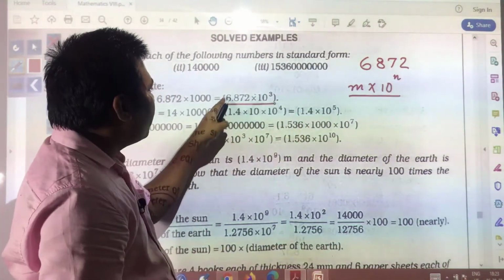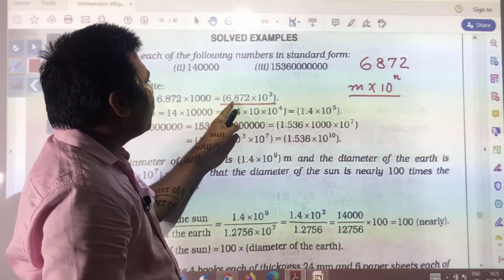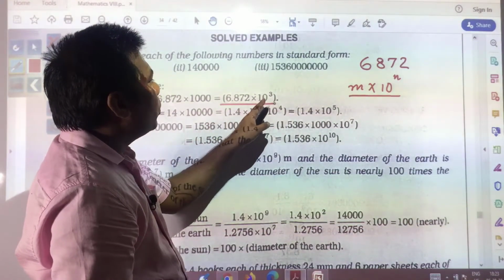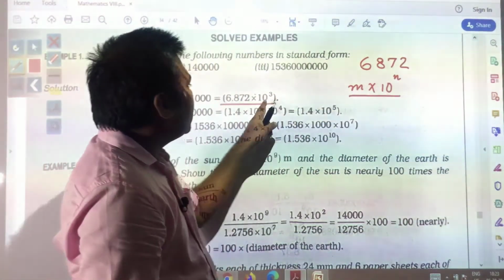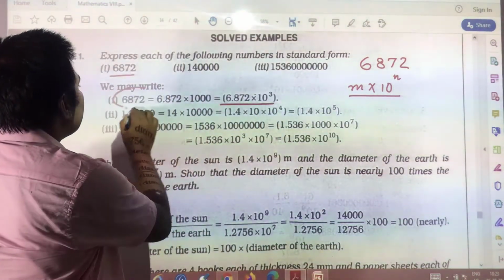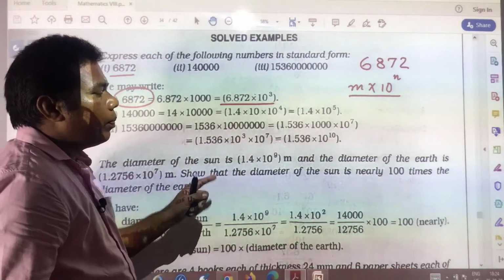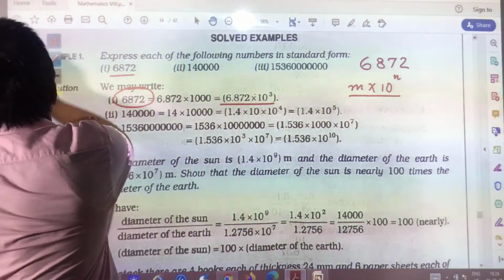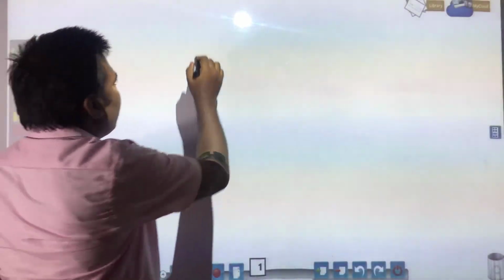Here m is 6.872, and 10 to the power n means 10 to the power 3. I think you will understand better with examples.